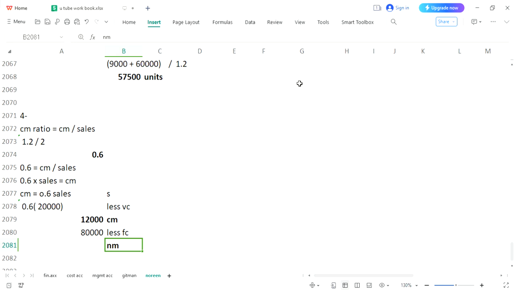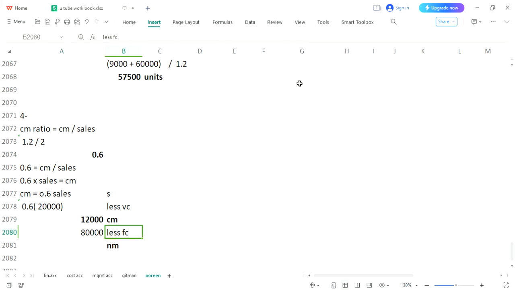So this contribution margin, how we have calculated, again I'm repeating, we know that CM is 0.6 of sales, which we have calculated by CM ratio, and the increase in sale was 20,000. It means increase in contribution margin would be 12,000.